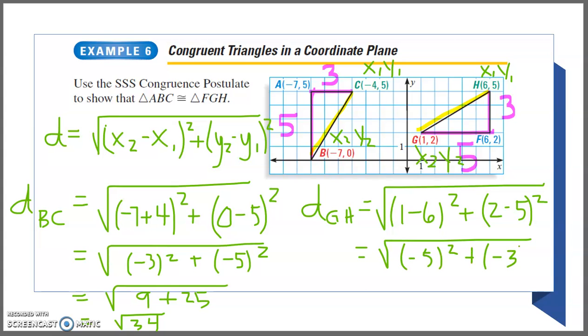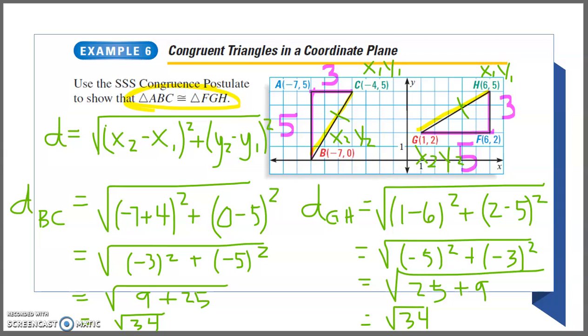That will give us negative 3 squared. Well, negative 5 times negative 5 is 25. Negative 3 times negative 3 is 9. So we're getting the square root of 34. So guys, this side is congruent to that side. There are 3 sets of sides congruent. So I do believe that triangle ABC is congruent to triangle FGH by SSS.